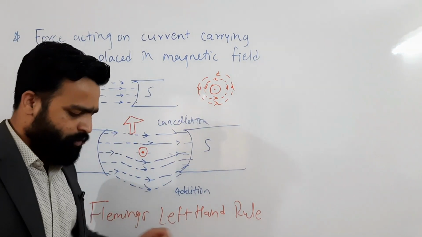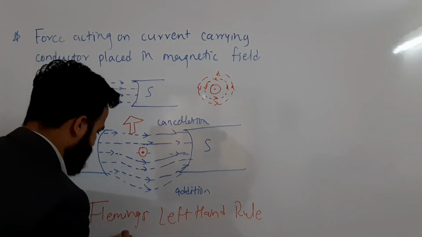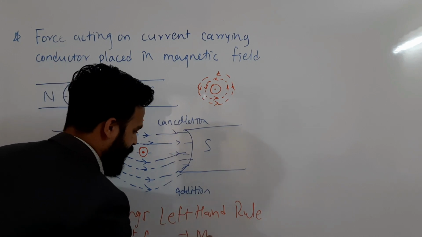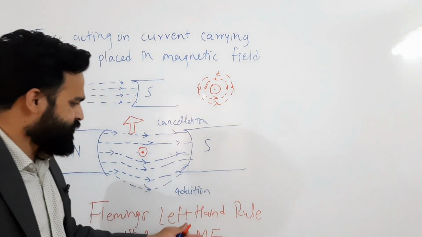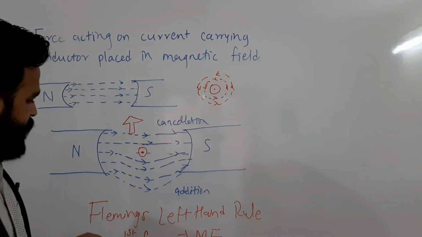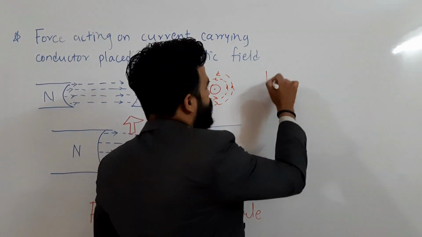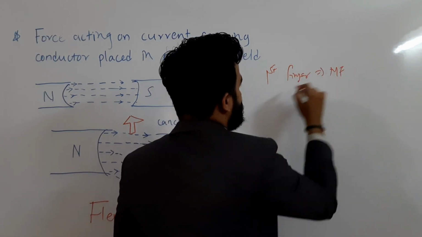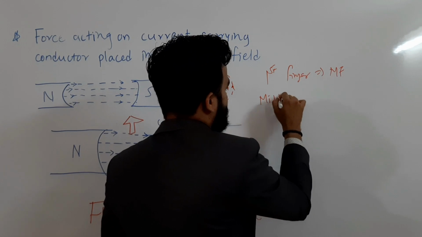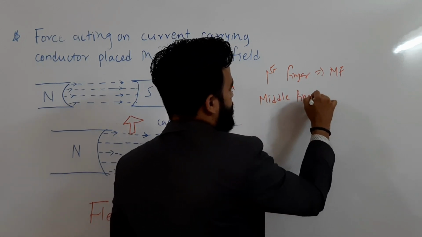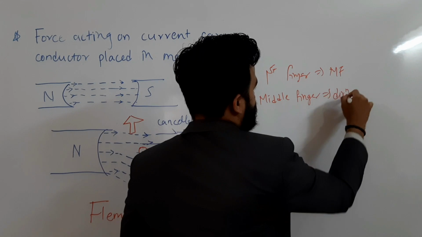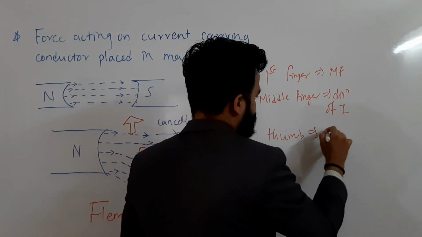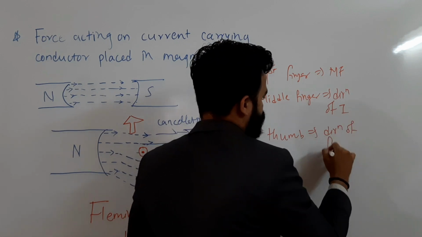So what is Fleming's left hand rule? First finger is magnetic field. I am writing MF for magnetic field. I hope this is visible. First finger implies magnetic field, middle finger implies direction of current, and thumb implies direction of force.